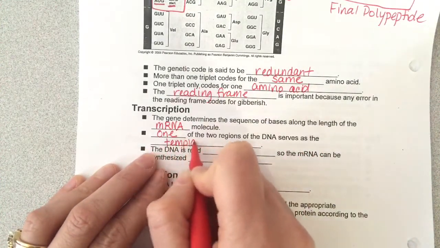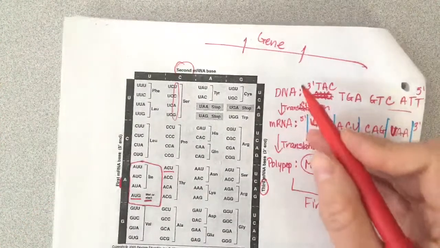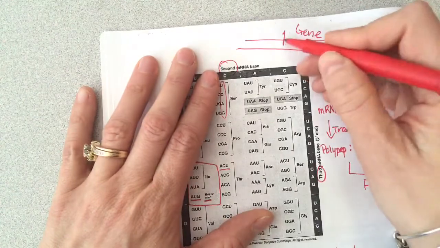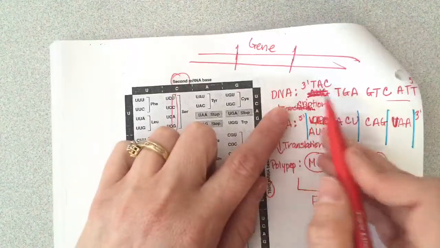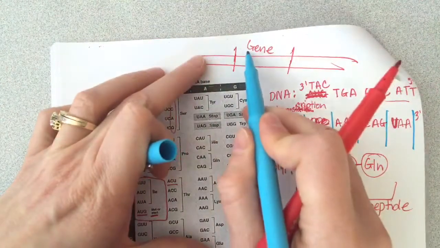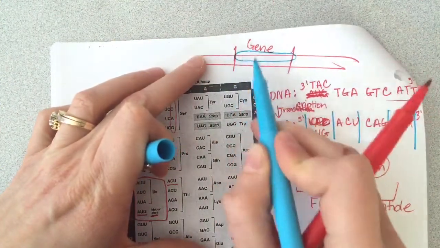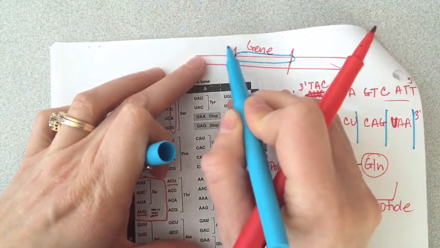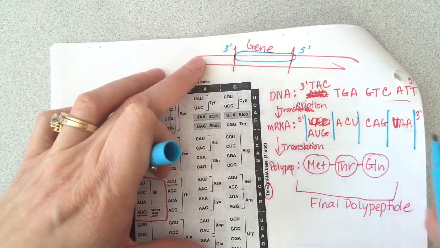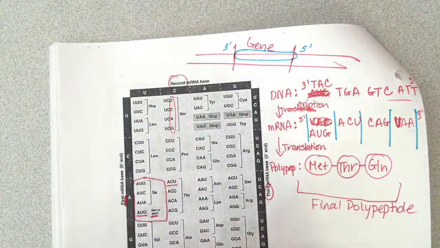So then only one of the 2 regions of DNA serves as the template. So remember that DNA is double-stranded. So DNA, here's your double-stranded, here's your gene here. Notice that when we wrote the DNA, we're only using one side of the DNA. And we're looking at the 3 to the 5 prime direction so that your mRNA can be built in the 5 to 3 prime direction.